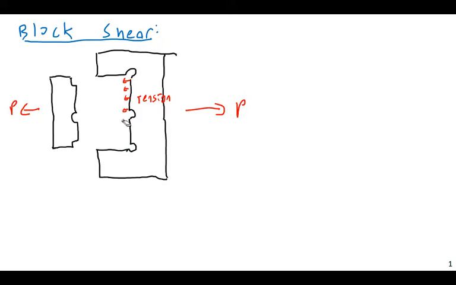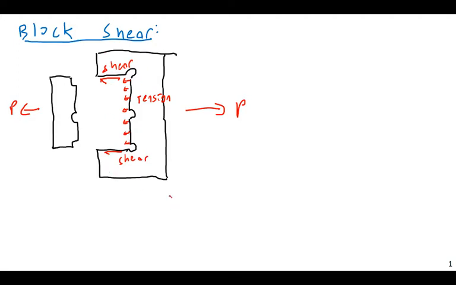And if I can manage to draw arrows properly, lots of little tension arrows. And then on this plane here and this plane here, I have shear. I have shear on this plane here and this plane here.